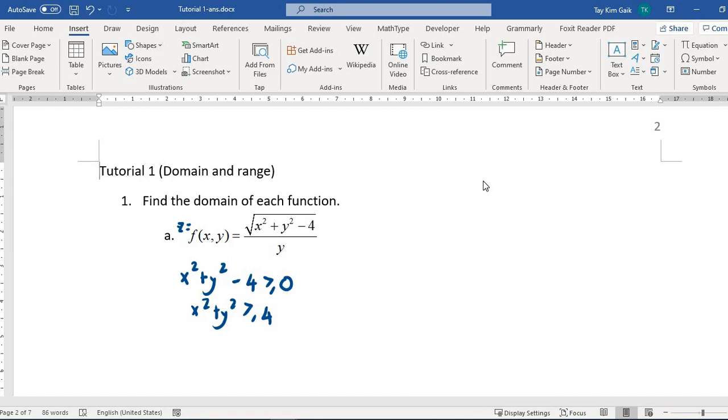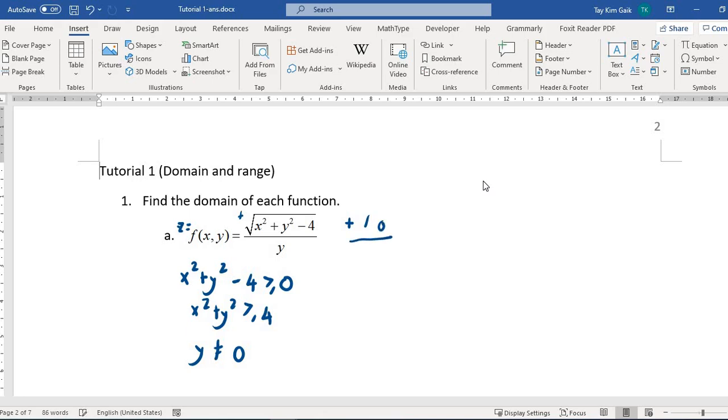And you have a denominator, y. In order for the function to be defined, y cannot be equal to 0. Since we already set the numerator, a positive square root, the numerator value is either positive or 0.